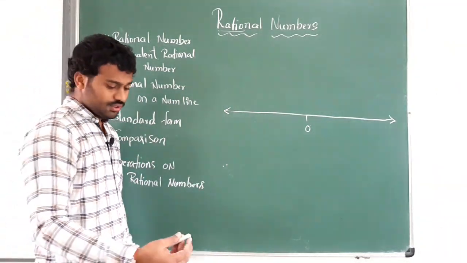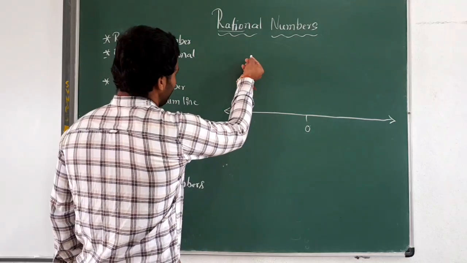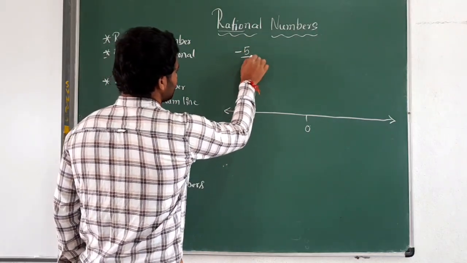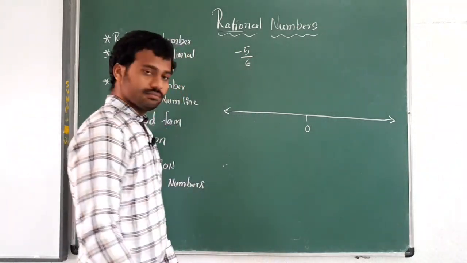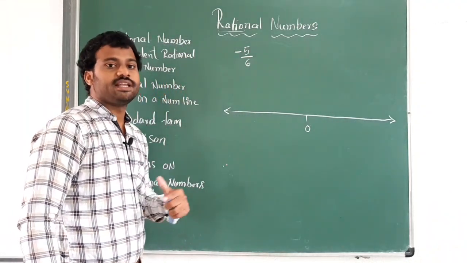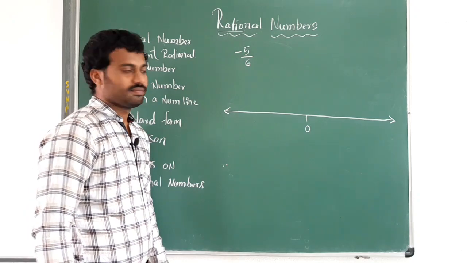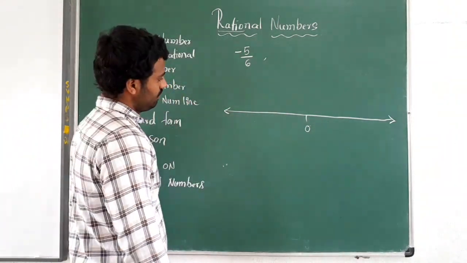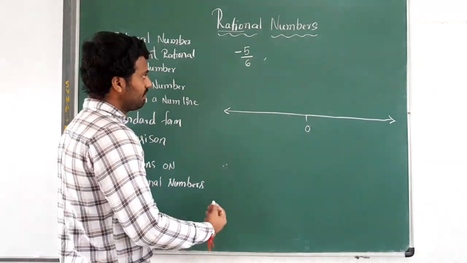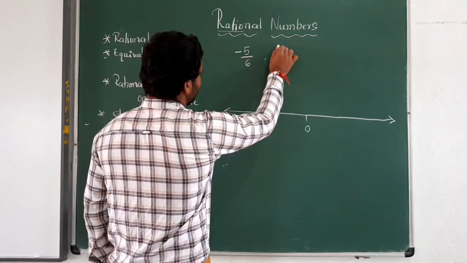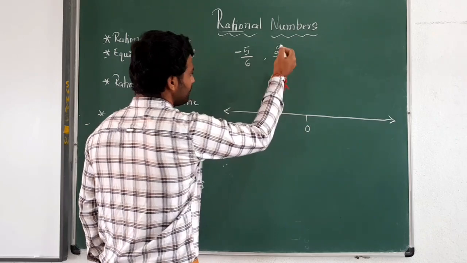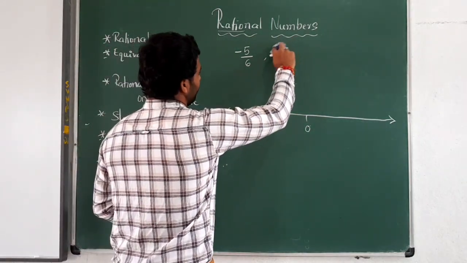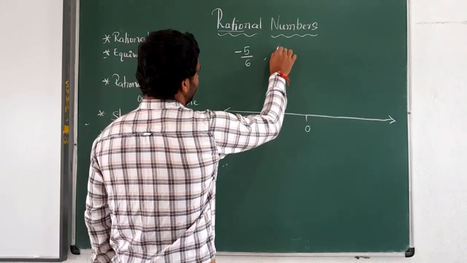Clear or not? So what will I take? I will go with the same one, minus 5 by 6. How to represent minus 5 by 6? And a positive number, so I will go with two number lines. 2 by 3, or else I will go with 5 by 3.